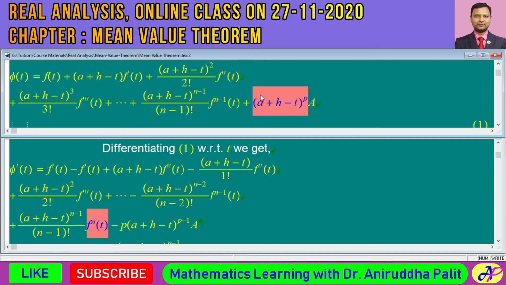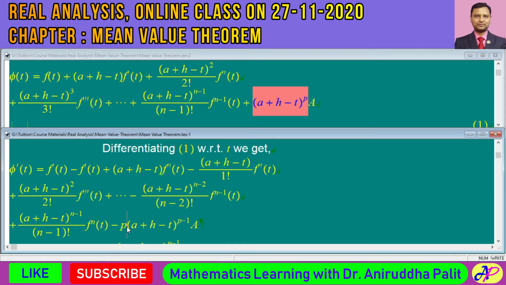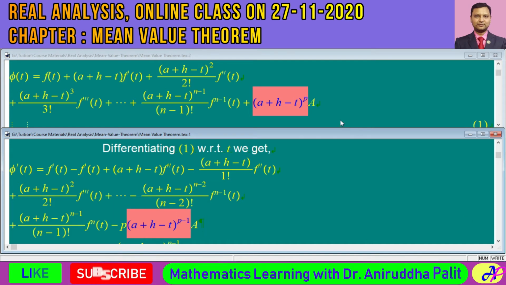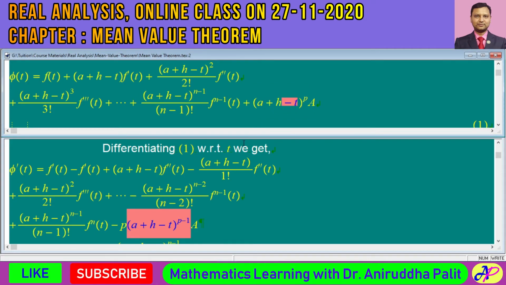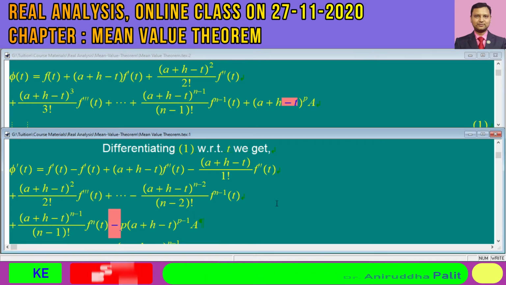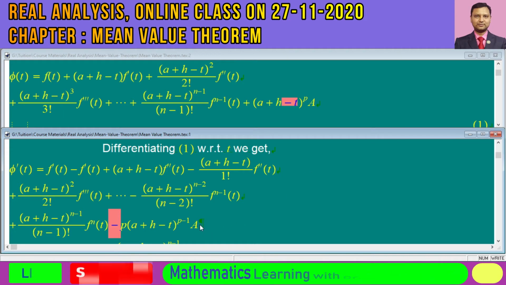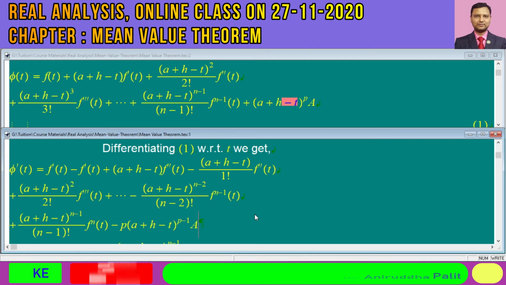So when we differentiate this expression with respect to t, we will have p into 1 plus h minus t whole to the power of p minus 1. Again, a plus h minus t is to be differentiated with respect to t, so that would give us a negative sign over here. So we have minus p into 1 plus h minus t to the power of p minus 1 multiplied by this constant capital A. Okay.